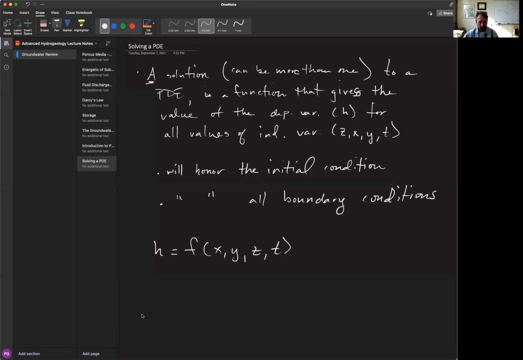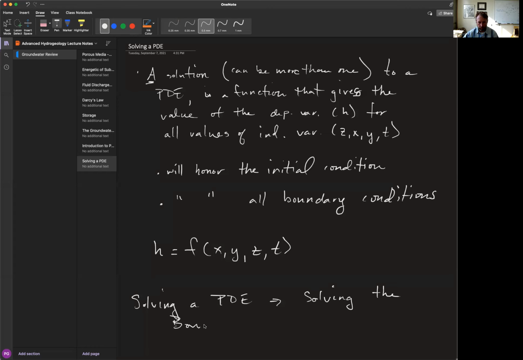And so solving a PDE is also called solving the boundary value problem.